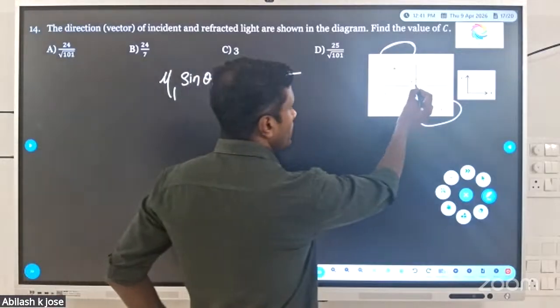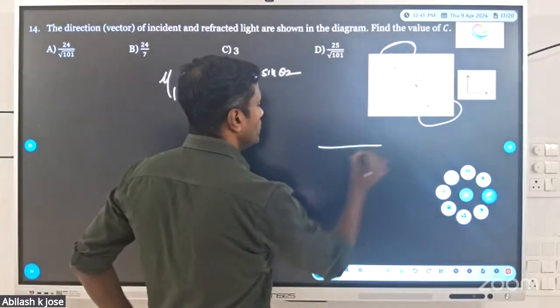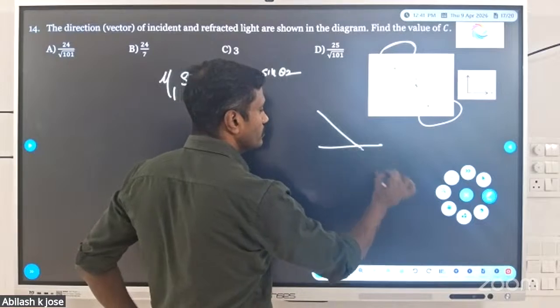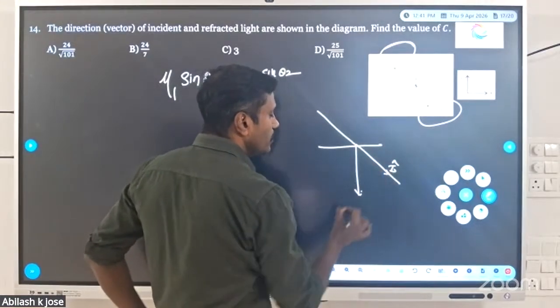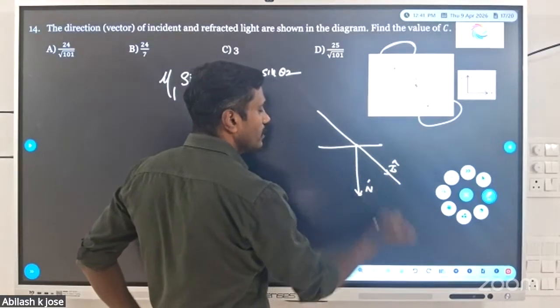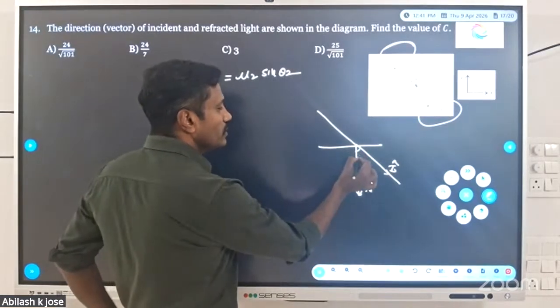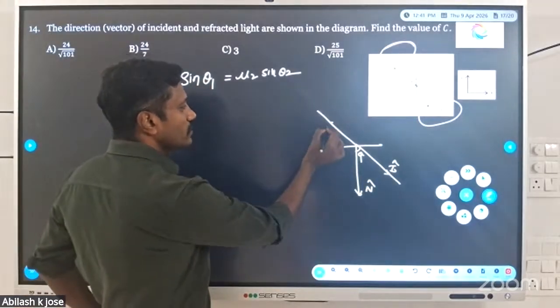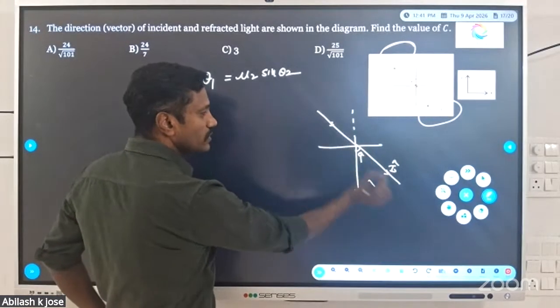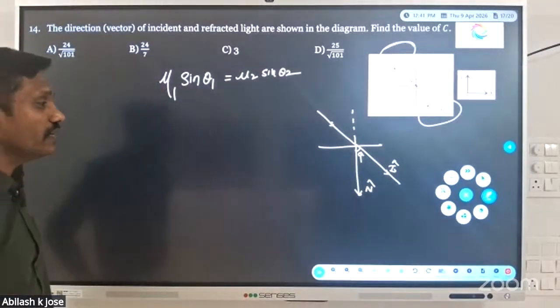We consider a unit vector along I cap, and we take a unit vector along the normal, N cap, extended along the same line.